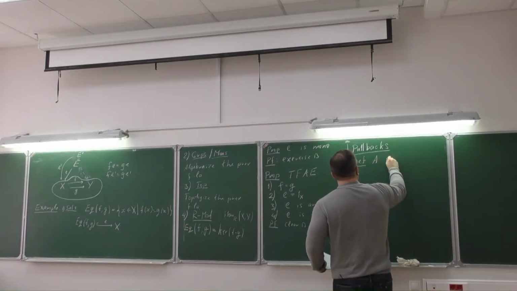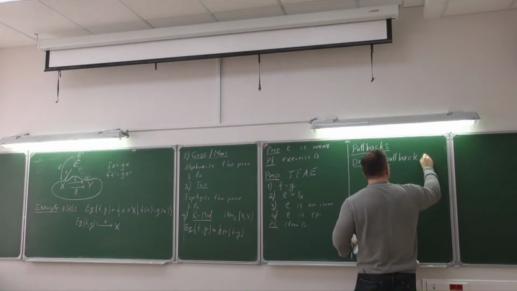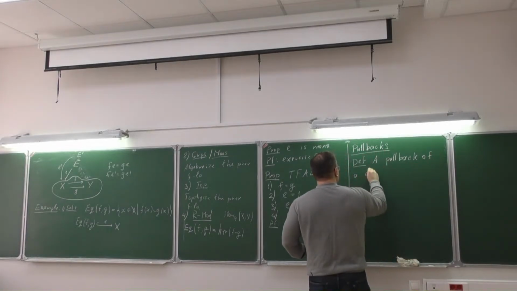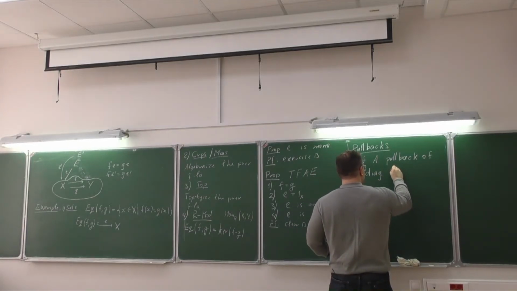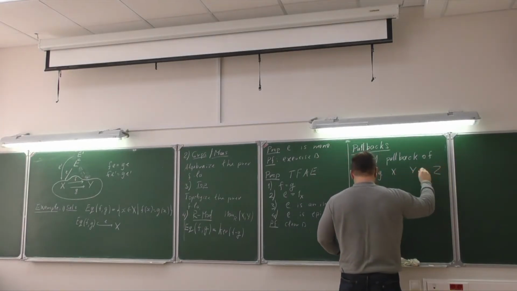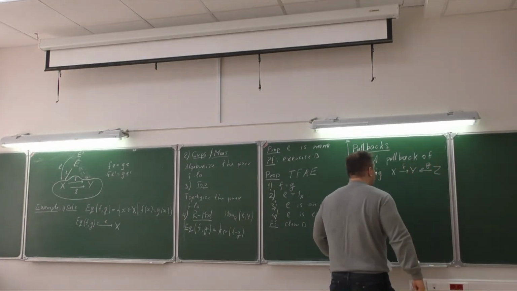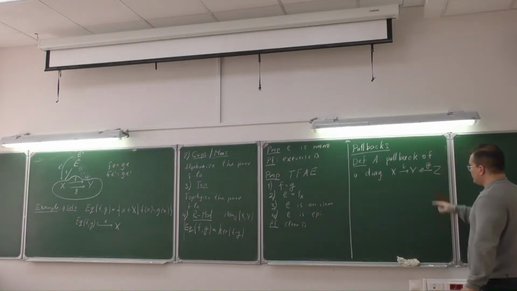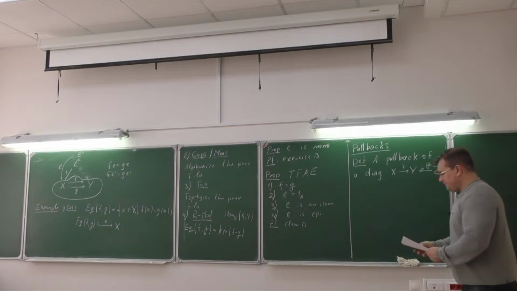A pullback of a diagram. So now I have objects x, y, and z, and two maps, f and g, that are arranged as follows. f is from x to y, g is from z to y.